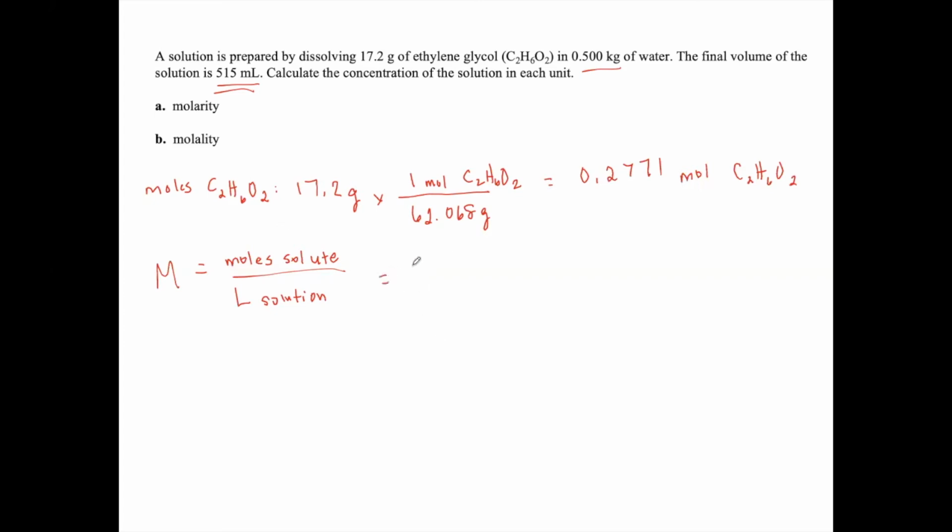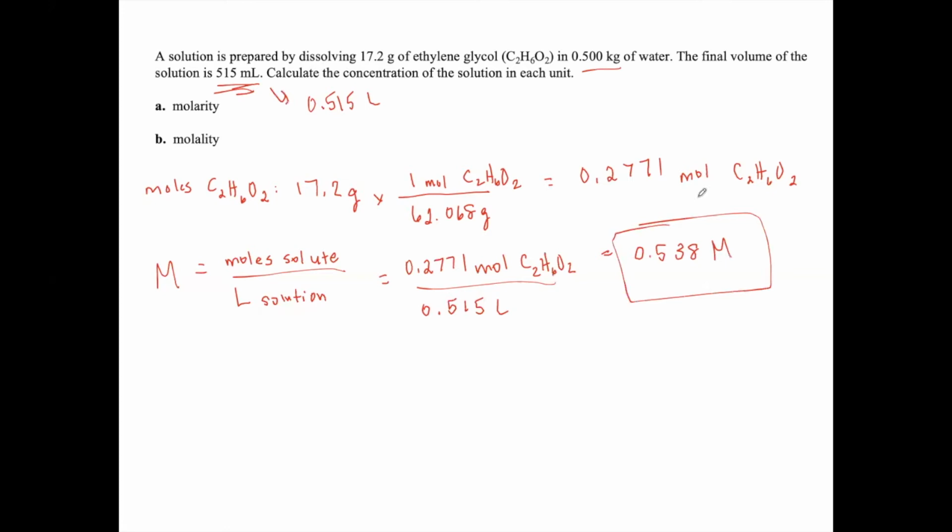So the moles of ethylene glycol, 0.2771, divided by our solution volume, 0.515 liters. Okay, 0.538 molar. That's it. Find the moles, divide it by the volume of the solution.